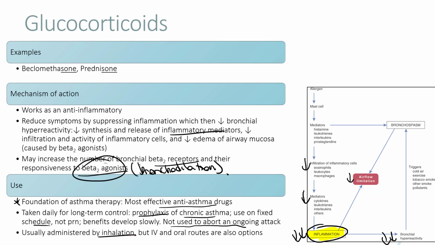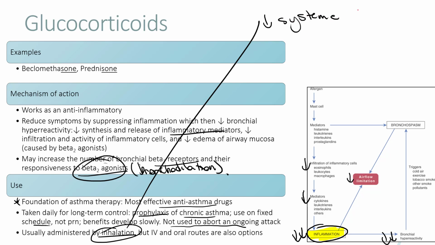Usually administered by inhalation, and it's very important that it is administered by inhalation if at all possible, because it minimizes systemic adverse effects. But in some cases where it's better to actually give IV or oral doses, then those are also available options.